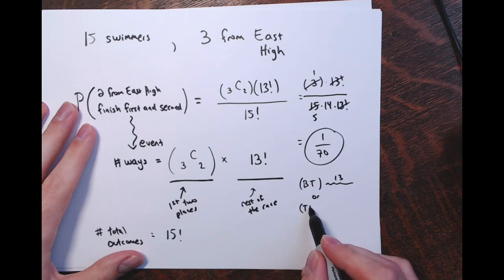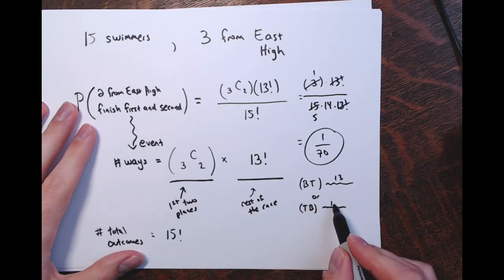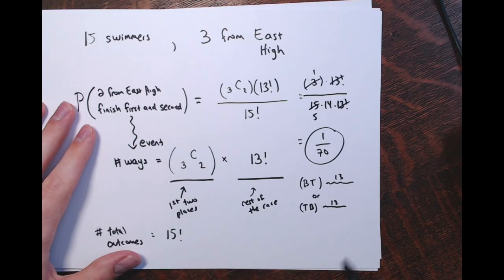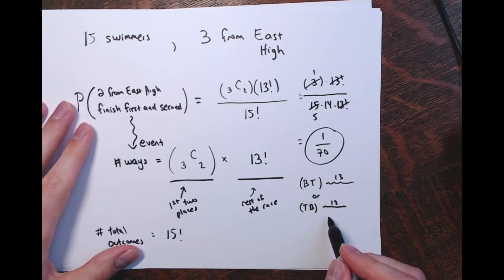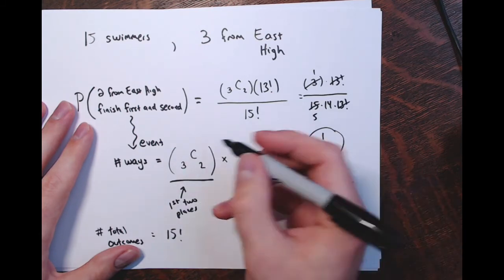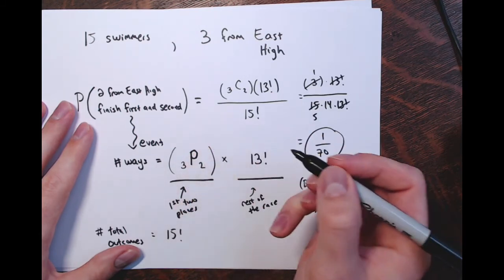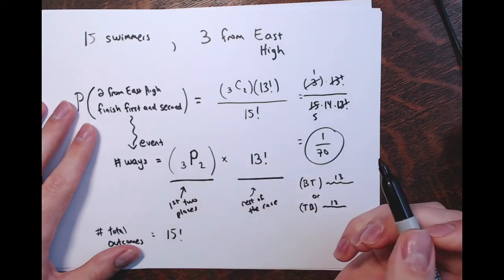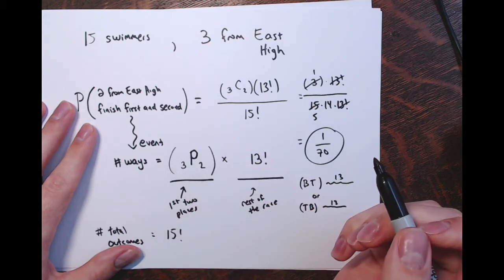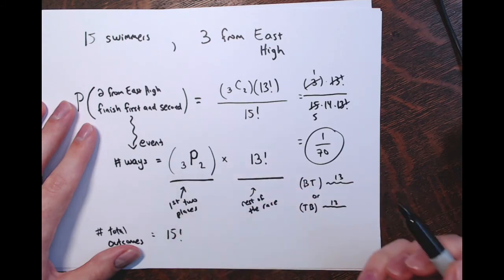This would be a totally separate ending, wouldn't it? Tom and Bob. I know I was saying that earlier, but this would be a separate race. So this should actually be 3P2.